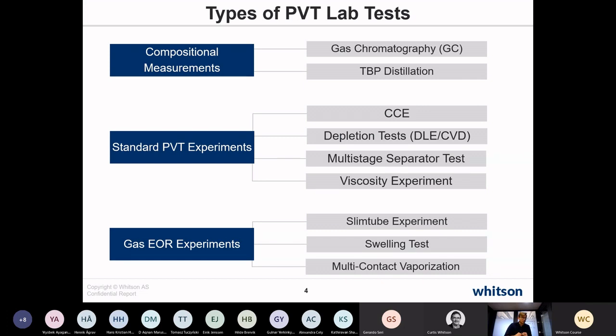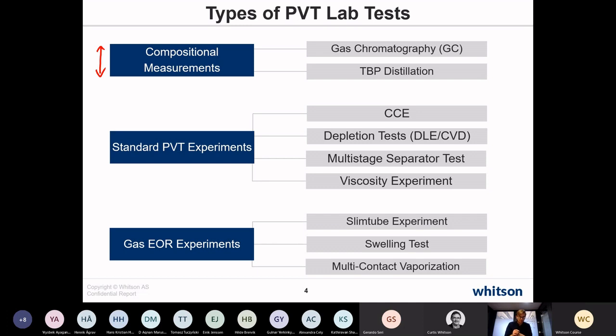This slide is a slide that we like because it summarizes all the types of PVT laboratory tests, at least from a high-level perspective. And the compositional measurements, which will be the topic of the next presentation. There we have, in general, two options: the GC and also true boiling point distillation data. We'll talk about that later.